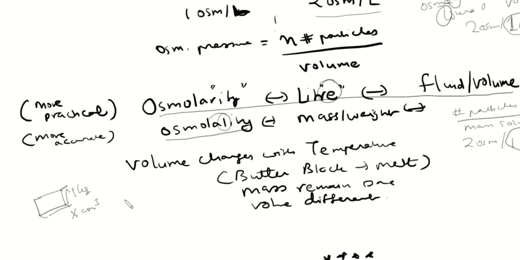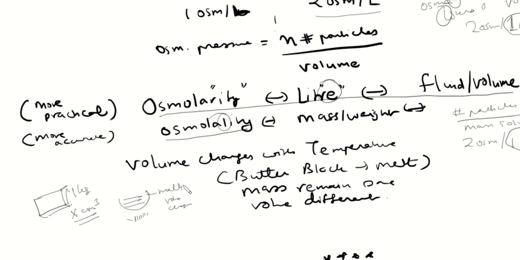When I put it in a container and I warm it up, what happens? The butter melts and its volume changes. It's no longer that X cubic centimeter. However, the weight remains the same.